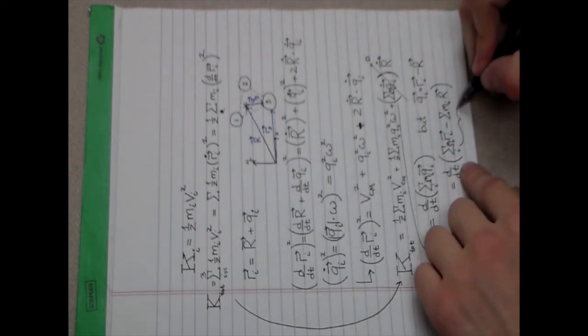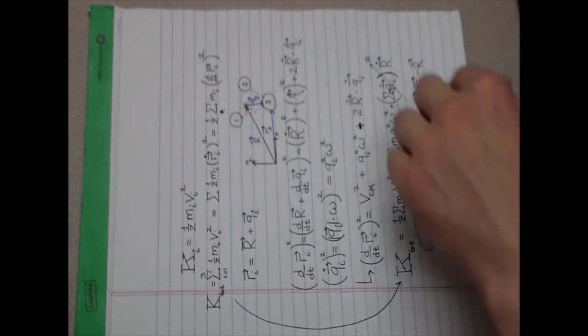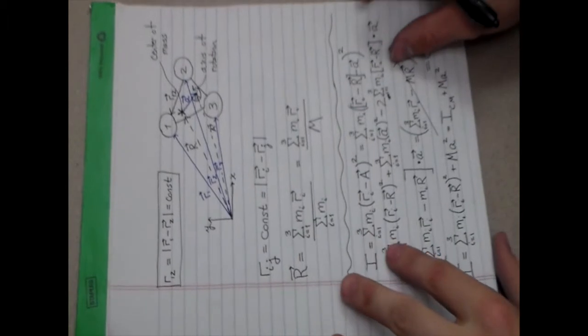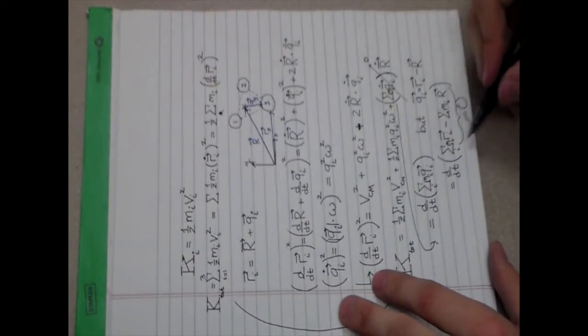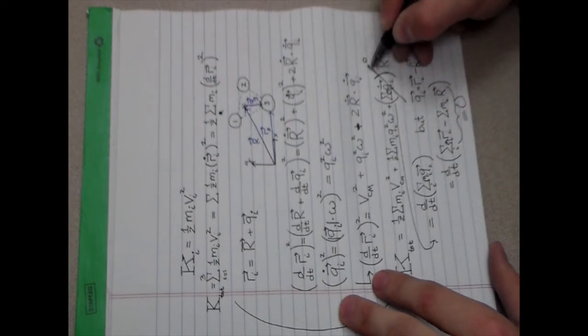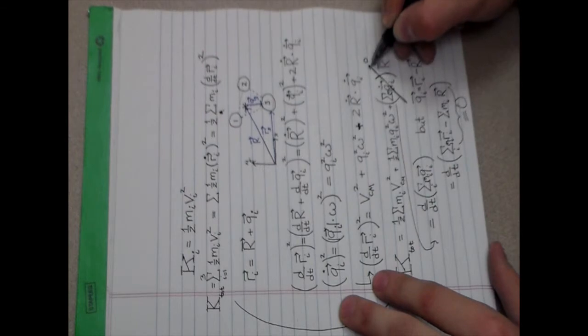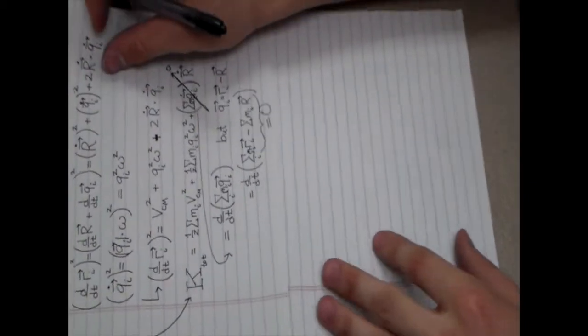This quantity here must be equal to 0 by the definition of what R is itself. If you remember here, we said this is equal to 0. That's exactly this, also equal to 0. So this term cancels out, and we're left with only these two. And so let's do a brief analysis of this real quick.